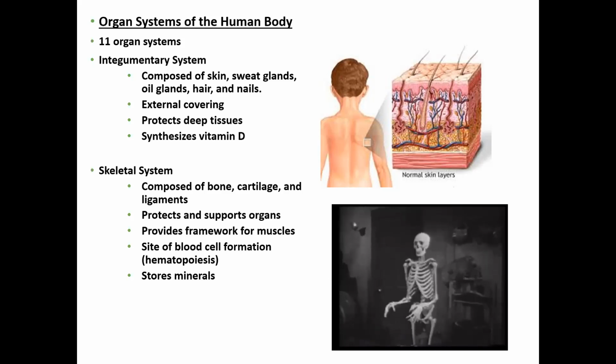The bones also are where we produce blood cells. In the middle of our bones, you have an area known as the bone marrow. Now, at our age, most of our bone marrow is yellow, but there are regions that are still called red bone marrow, and that's where the term hematopoiesis comes from.